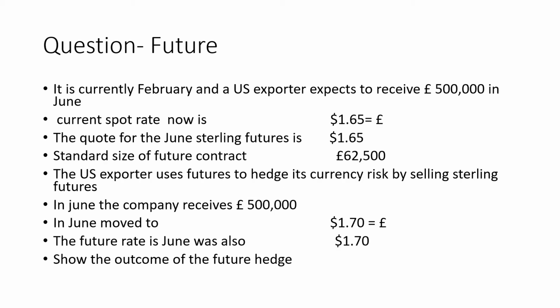Now this can be explained with the help of this example. Today is February and a US exporter expects to receive 5 lakh pounds in June. In the future they are expecting to get some payments from their customers, and the current spot rate now is $1.65 equal to 1 pound.